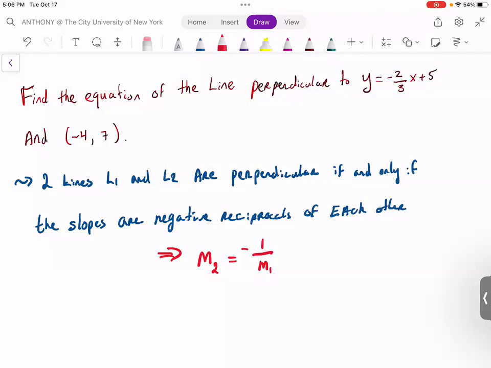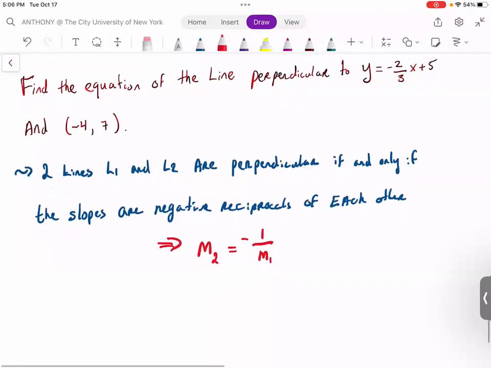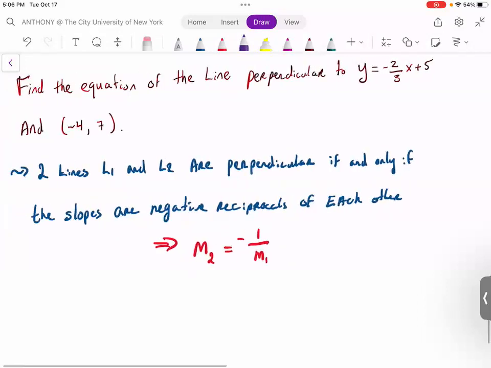So m2 is equal to -1 over m1. All right, so let's begin with our given line. Our given line in this problem is y equals negative 2/3 of x plus 5. So I'm going to call that line 1.